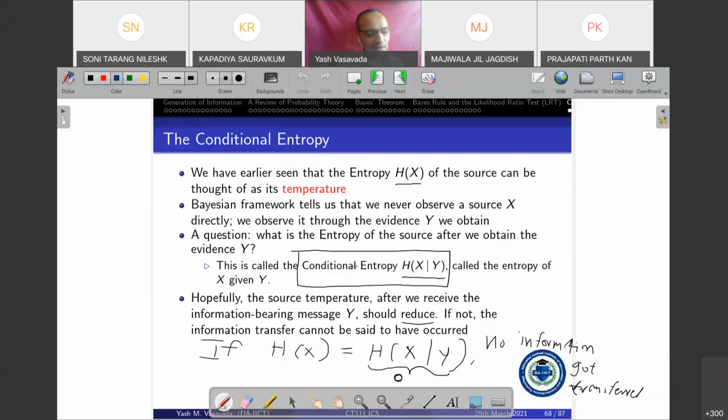This conditional entropy, we said, becomes zero in the best case. If you get the best possible information, so that all your uncertainty about what the source is doing goes away, conditional entropy becomes zero. That is the best case. In this case, you can say that the information transfer was the maximum.